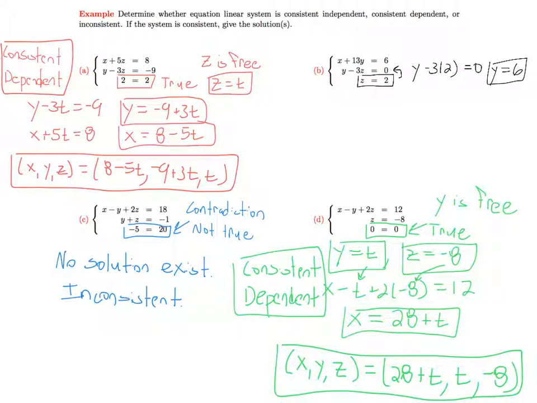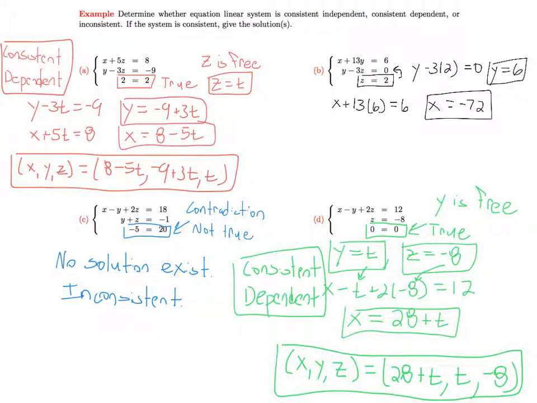equals 6. And then I plug those values into the first equation, which is x plus 13y, that I now substitute with 6, is equal to 6. And so solving that for x gives us x is equal to minus 72.